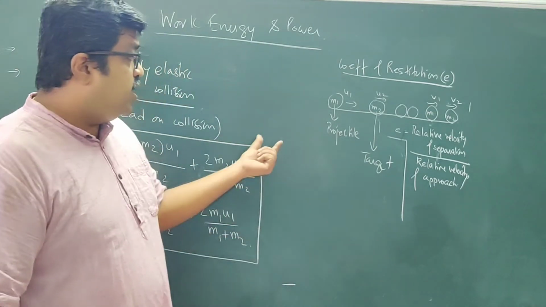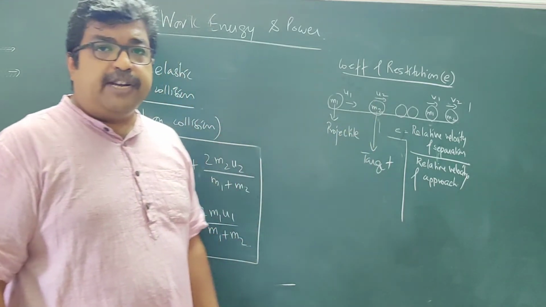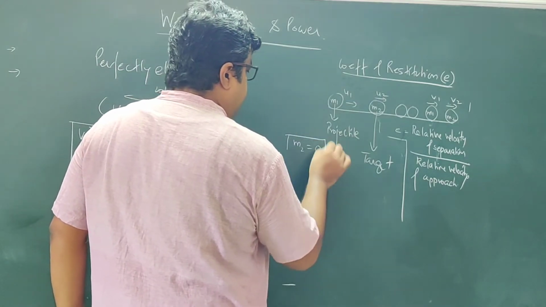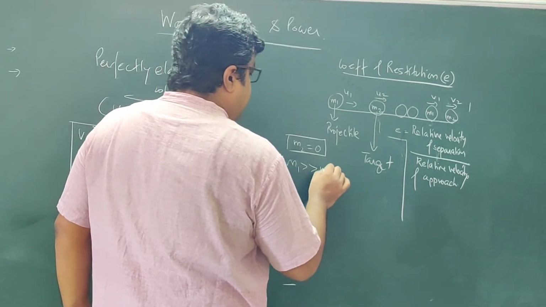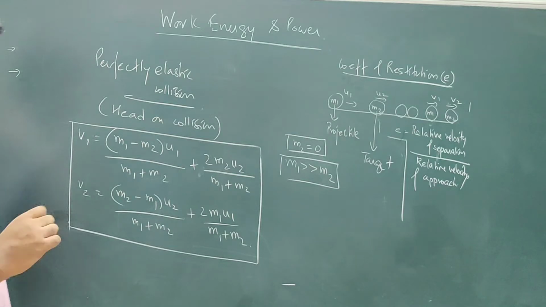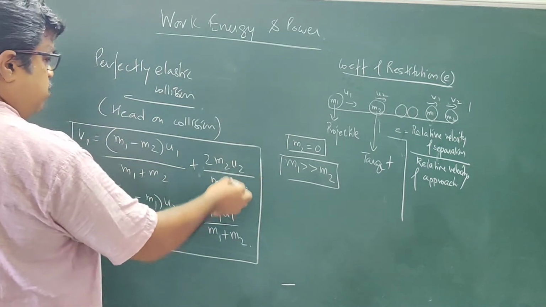The next case is when a very massive projectile hits a very small target. I can take M2 to be almost equal to 0, because M1 is far greater than M2. So M2 equal to 0 implies this quantity goes to 0.